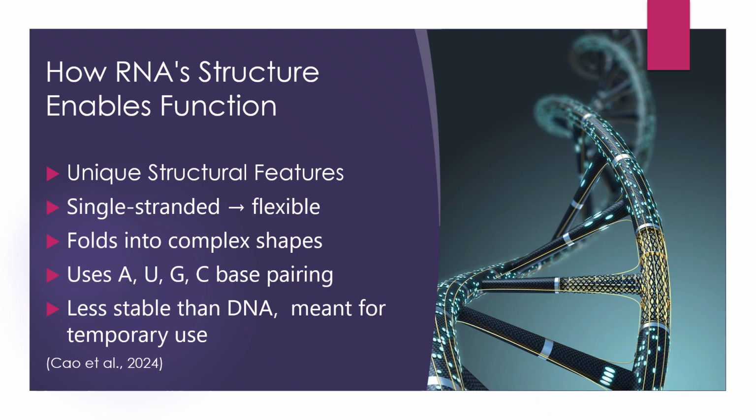Because of its structure, RNA can act as a messenger, build ribosomes, transport amino acids, regulate gene expression, and overall, RNA's lower stability is essential rather than harmful. Its temporary nature allows cells to continuously adapt and respond to their environment.